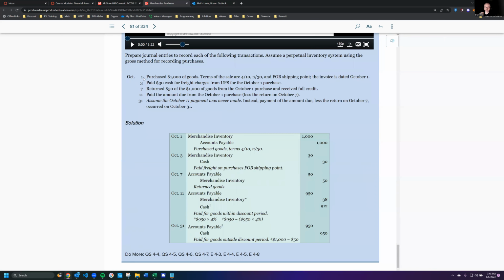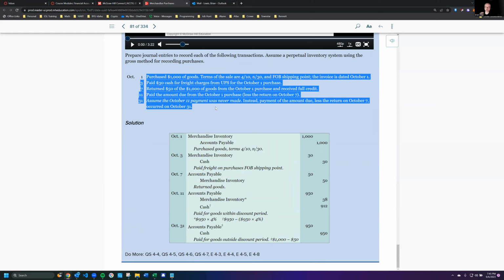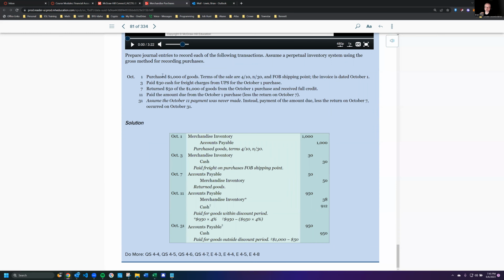All right, so you'll definitely want to walk through, okay, these different components. Purchase the goods, you paid $30 for shipping, you returned 50, you paid the amount, and you assume the October 11 payment was never made, right? So these are the journal entries and when they happened. You notice this is FOB shipping point.